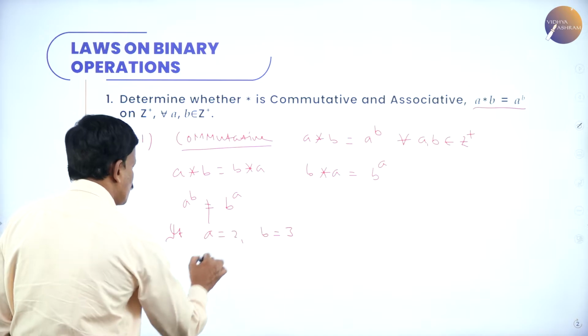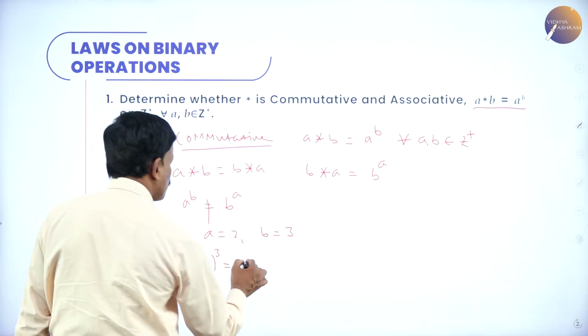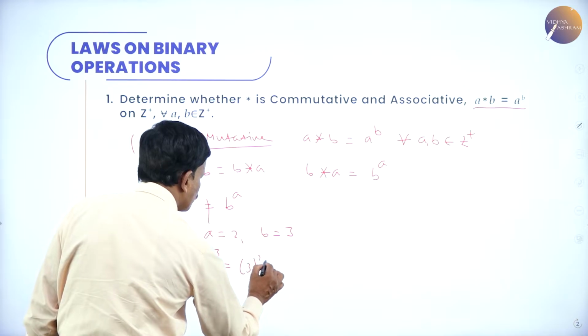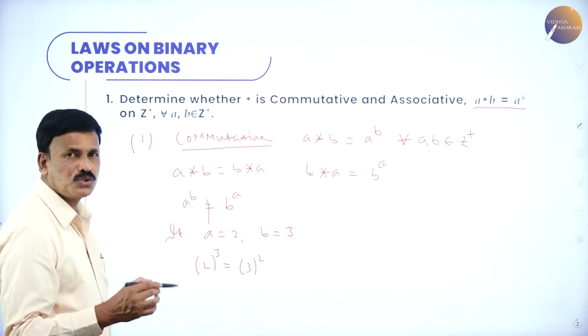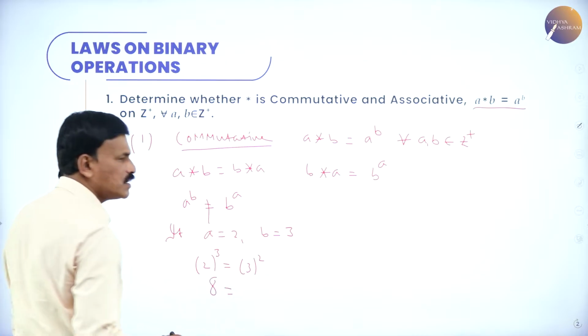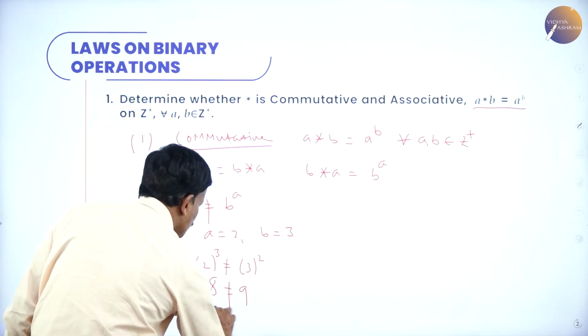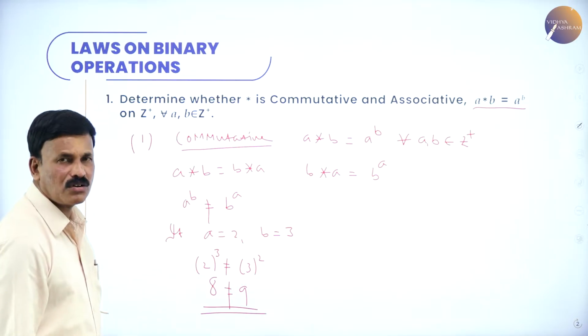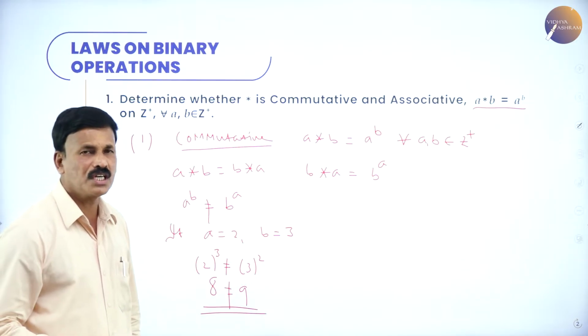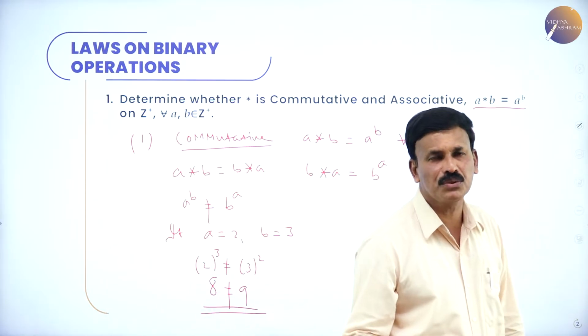Then 2 to the power of 3 versus 3 to the power of 2. 2 cube is 2 into 2 into 2, which is 8. 3 square is 3 times 3, which is 9. So 8 is not equal to 9. Therefore star is not commutative.